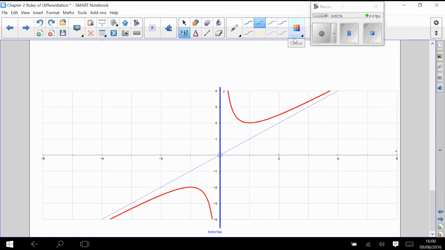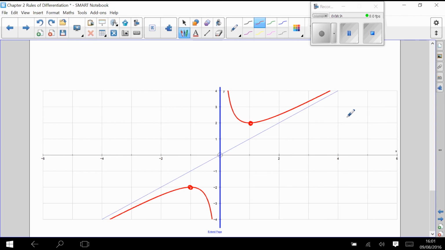We had a stationary point when x was minus 1, and we had a stationary point when x was 1. We said that our graph would have a local maximum when x was minus 1 and a local minimum when x is 1. And you can see that now the shape of my curve can be well represented.